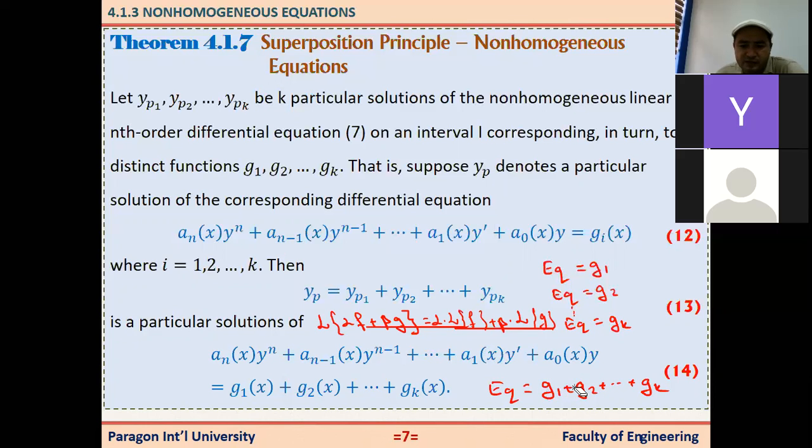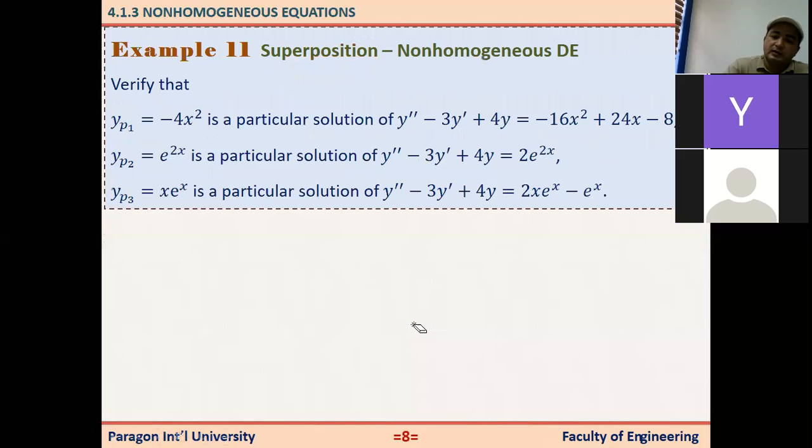Now, because these are the solutions, if I substitute here, I can just write one equation in y sub p1, the second one in y sub p2, and the k-th one in y sub pk, right? And after that, if you just add them, each equation with y sub p1 equals g1, the second one g2, and gk. They're just grouping here.